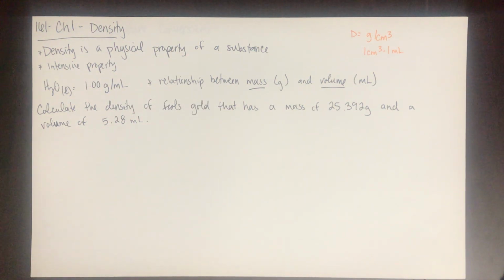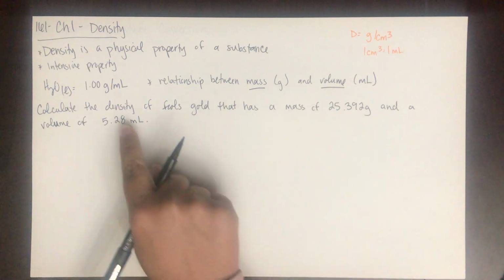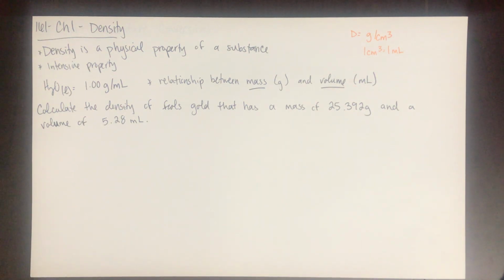So we're going to calculate the density of fool's gold that has a mass of 25.392 grams and a volume of 5.28 milliliters.